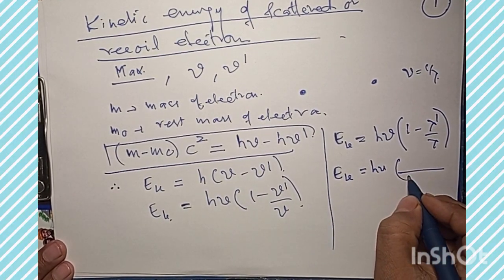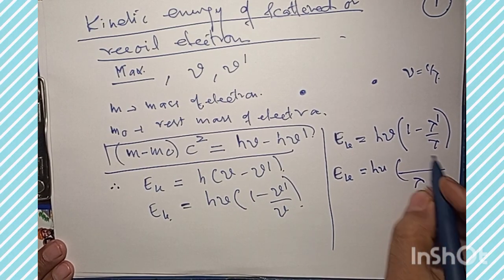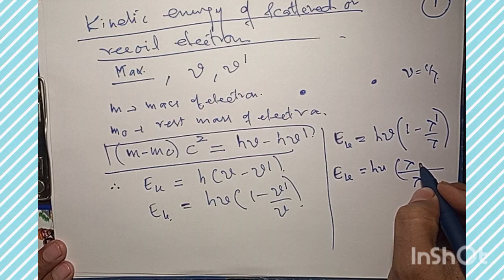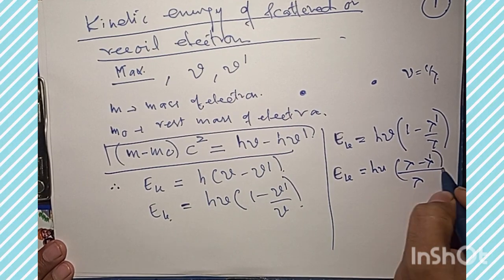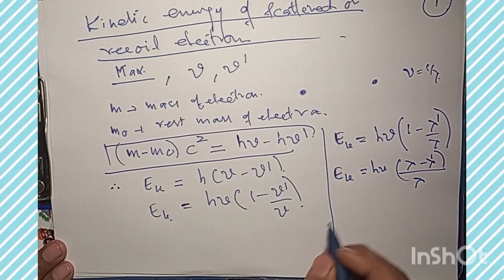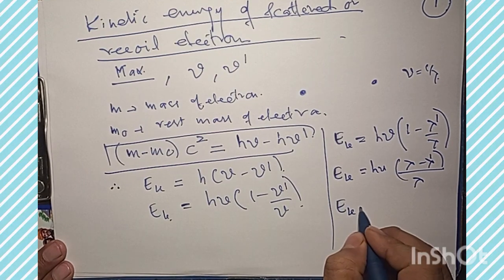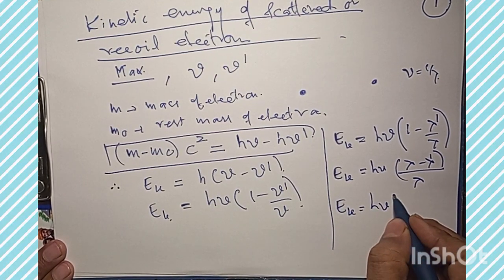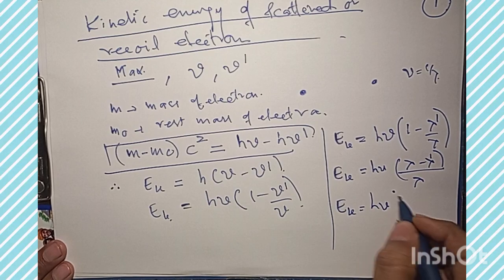So if I have lambda here, then this will be lambda minus lambda dash, right? So I can think of Ek equal to h nu times delta lambda.